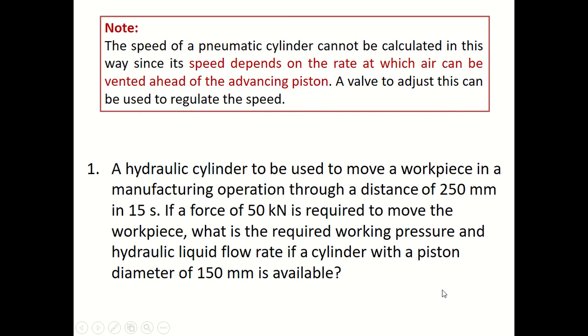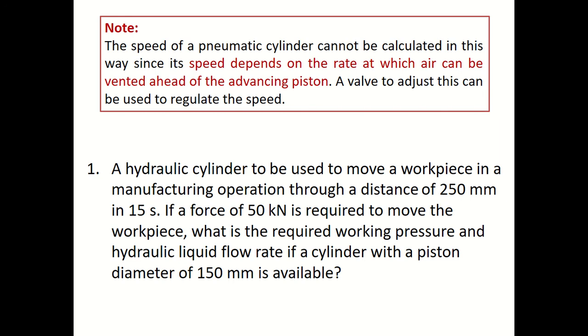So you need to move a workpiece, that is the actuation you need to do in this manufacturing operation, through a distance of 250 mm in 15 seconds, with a force of 50 kilonewton. Then what is the required working pressure and the hydraulic liquid flow rate?